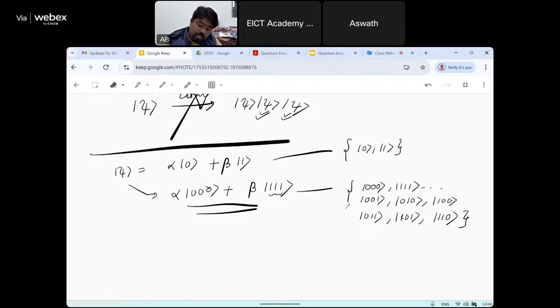This is the basis of 3 qubits, and this is the basis of 1 qubit. So the same information, same alpha beta, is put on the shoulders of 3 qubits.